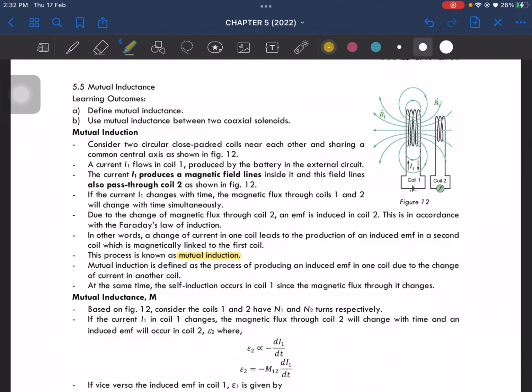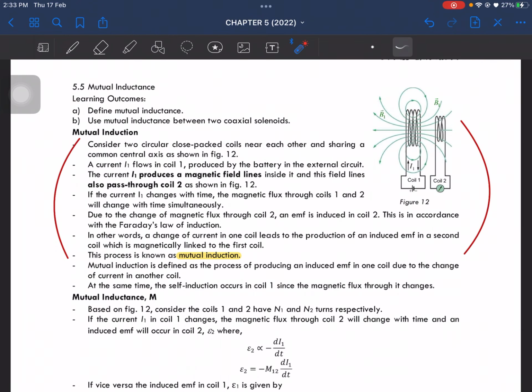So if you need to explain what is mutual induction, this part is the answer. It is due to the current produced by a battery in the first coil, so there will be a magnetic field, and this magnetic field will pass through the second coil, and if the current is changing with time, there will be a change in the magnetic flux of coil 2, hence there will be a production of an induced EMF.